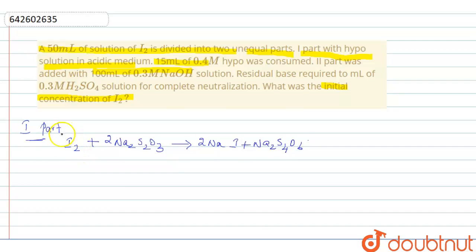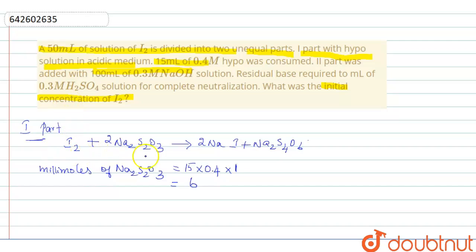So 1 mole of iodine reacts with 2 moles of hypo. Next, I am going to calculate the millimoles of Na2S2O3, which is 15 ml from the data into 0.4, for 1 mole of hypo. The value is 6.